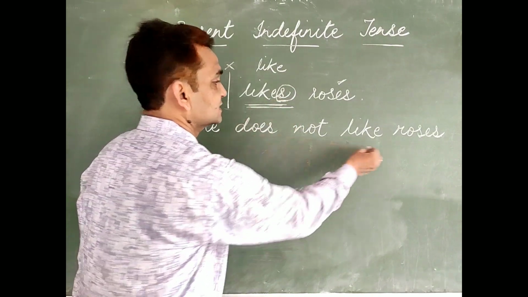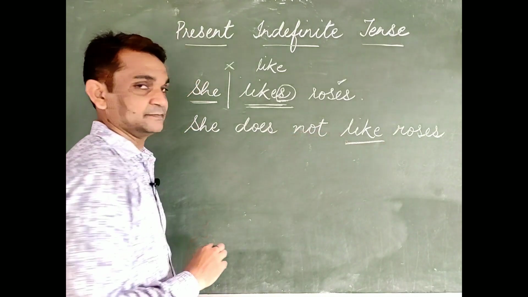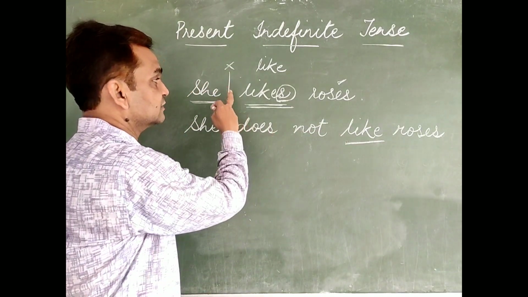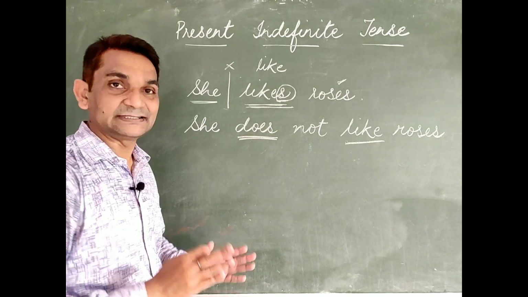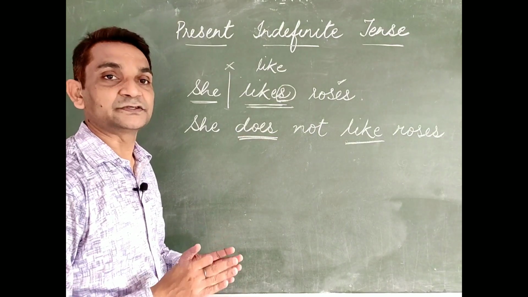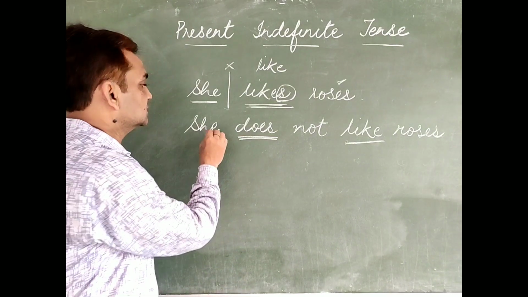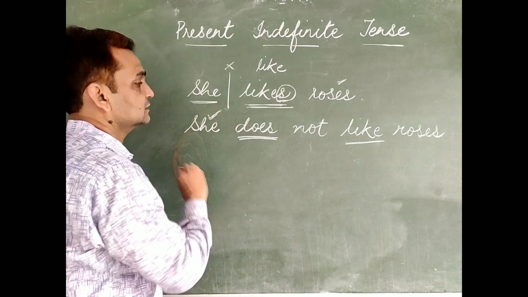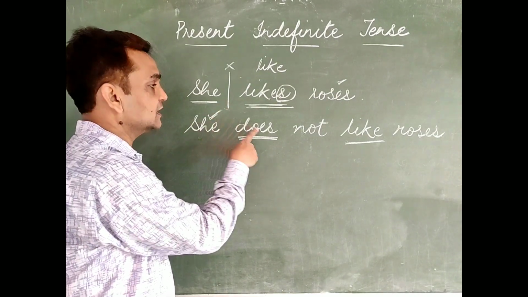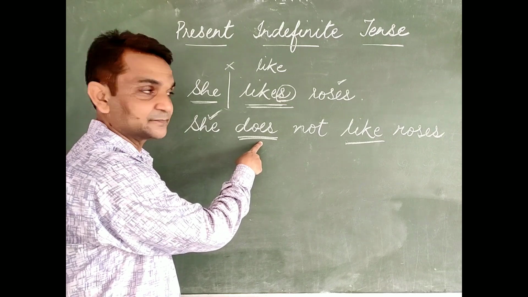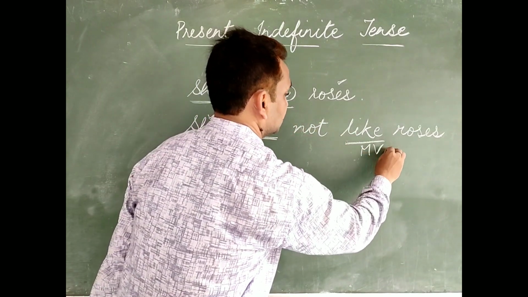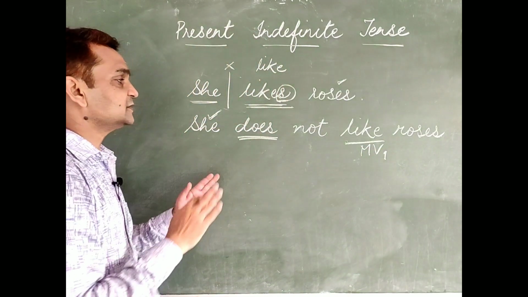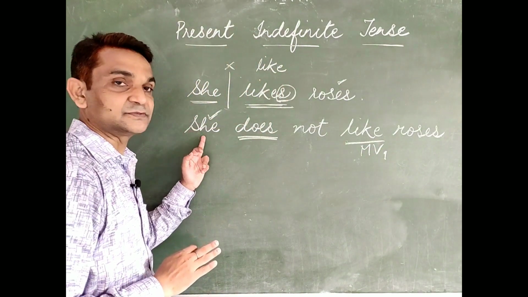In negative sentence we have written like, and there was no helping verb, but over here helping verb does is to be used. Why does? Because she is singular, so when the subject is singular, does is to be used. So does and the first form of the main verb. So this is for singular subject.